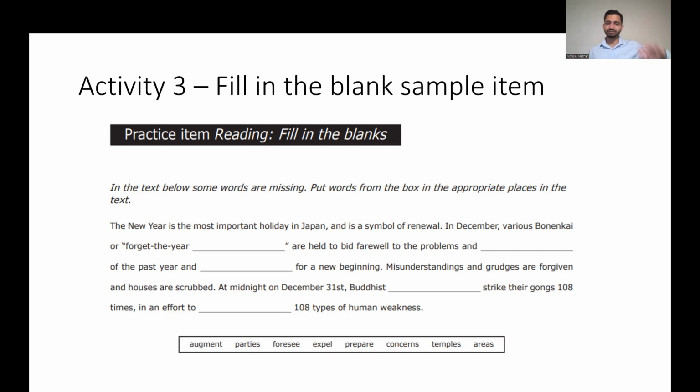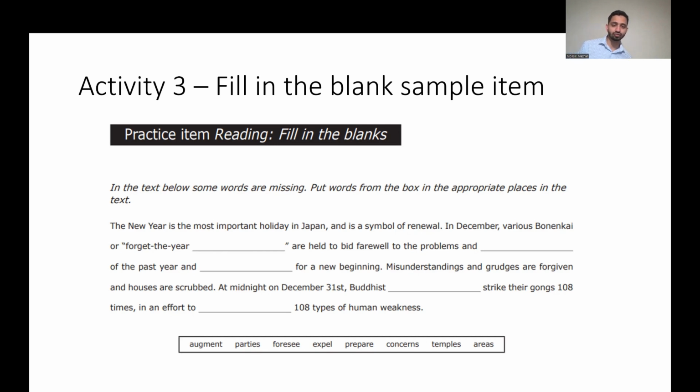It's a celebration, isn't it, in December, right? So you're forgetting the year. You've got augment, parties, foresee, expel, prepare, concerns, temples, and areas. So I think you're looking for a noun, and we know party is one of the nouns. Forget the year party, doesn't it make sense? It does make sense that it has to be a celebration in December.